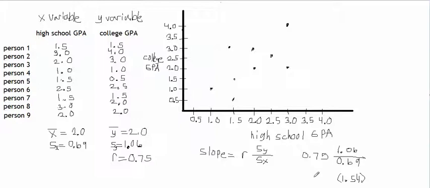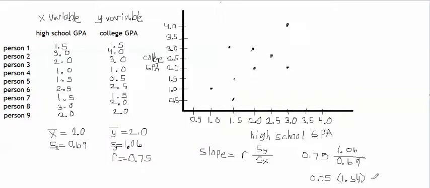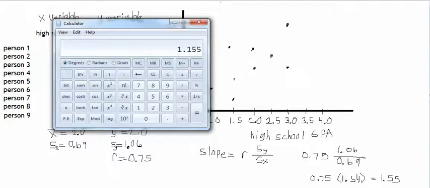Now we have 0.75 times 1.54, which equals 1.155.